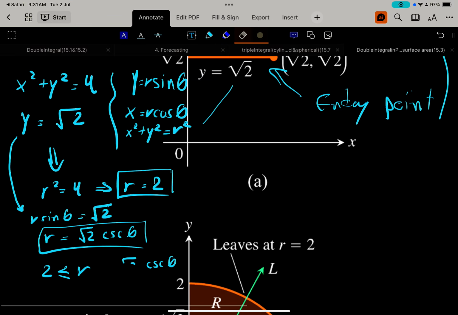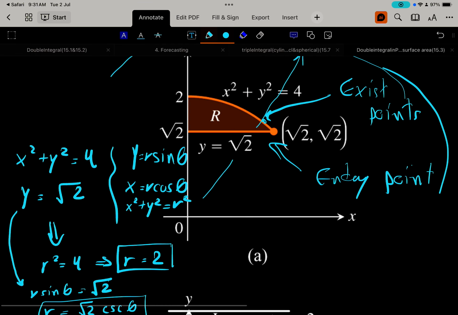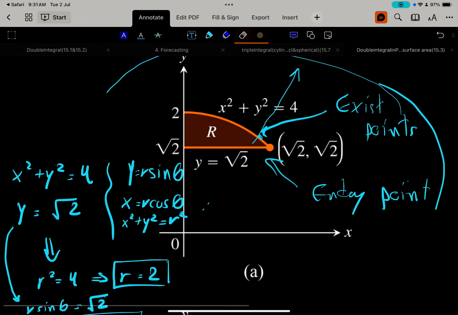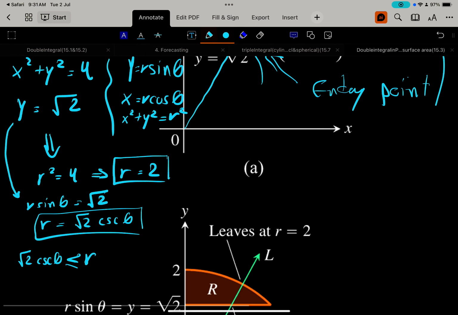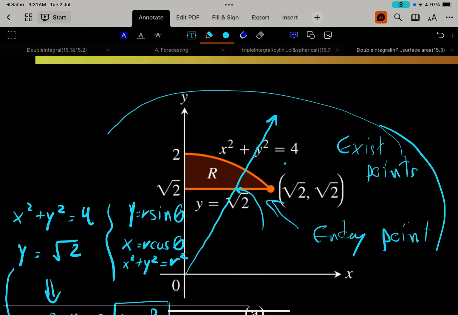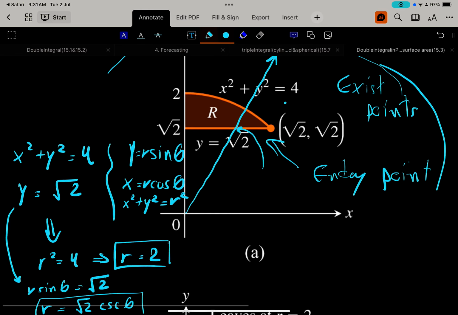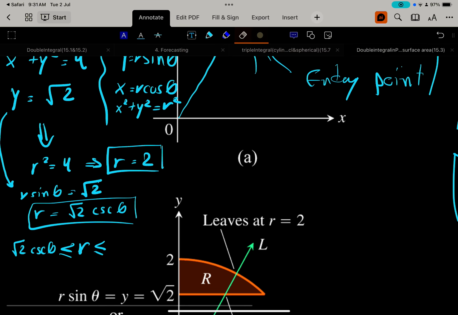That's because if we draw our line again, y equals root 2 is the lower limit, and the upper limit is r squared equals 4, or r equals 2. And now we do have the range for r.